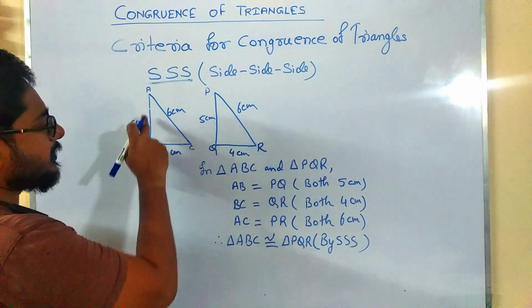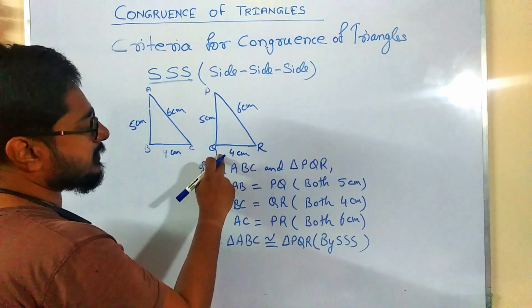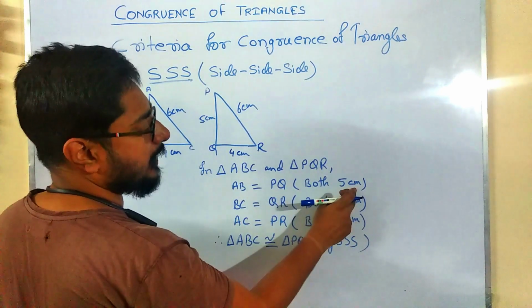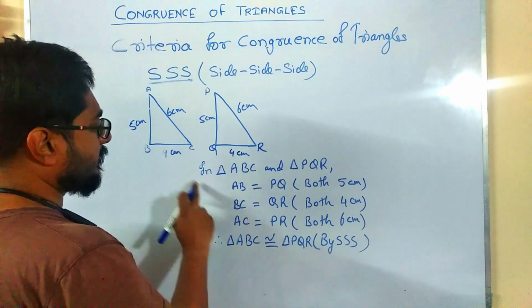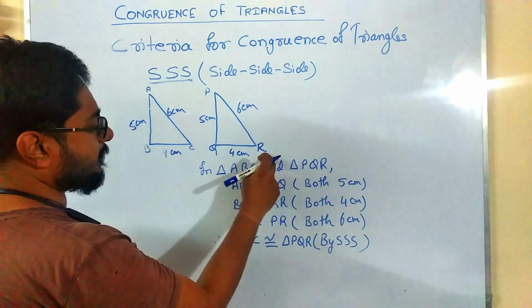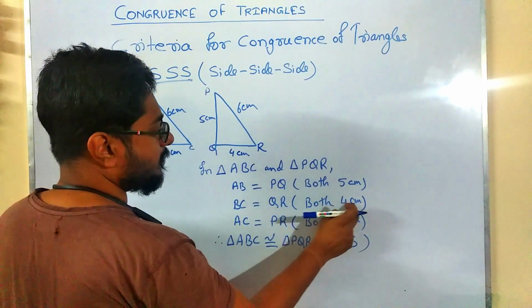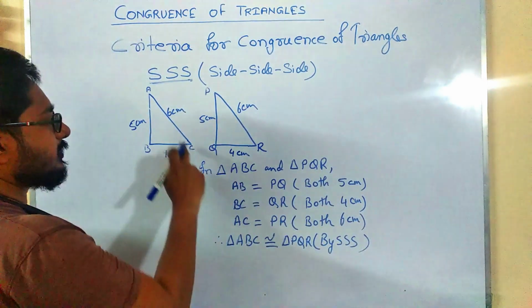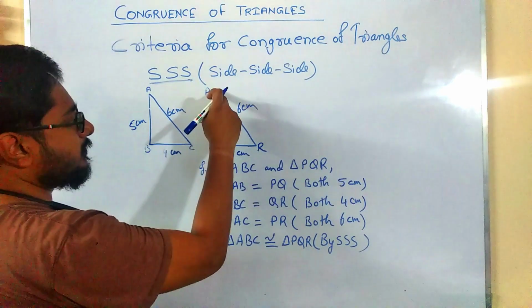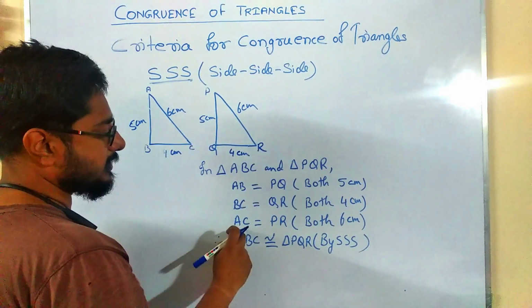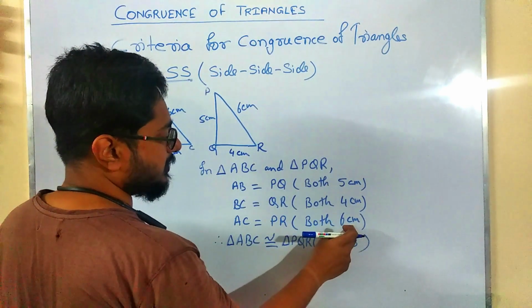AB is 5 centimeter and PQ is 5 centimeter. So we will write AB equal to PQ, both 5 centimeter. Next, BC 4 centimeter, QR 4 centimeter. So we will write BC equal to QR, both 4 centimeter. Next, AC equal to PR, both having 6 centimeter measure, so we will write AC equal to PR, both 6 centimeter.